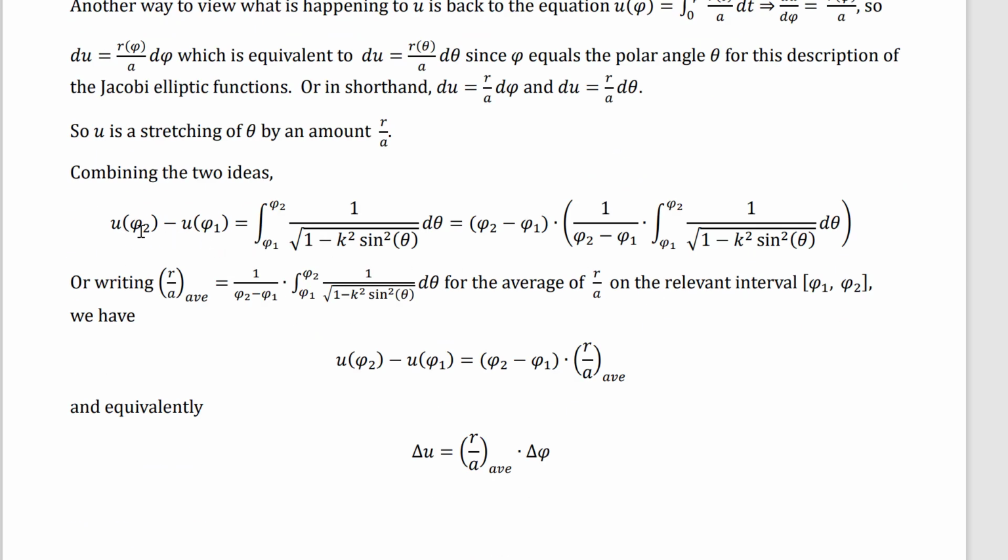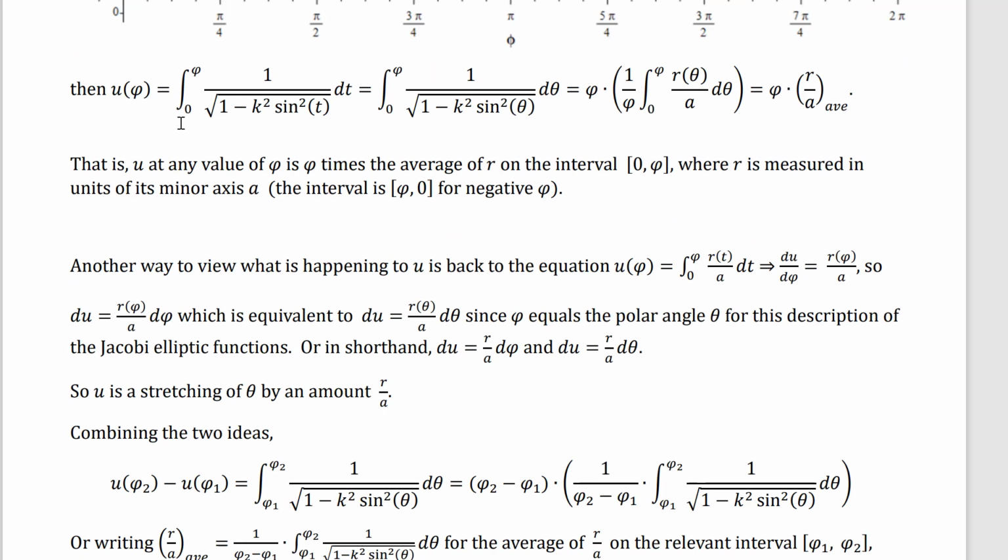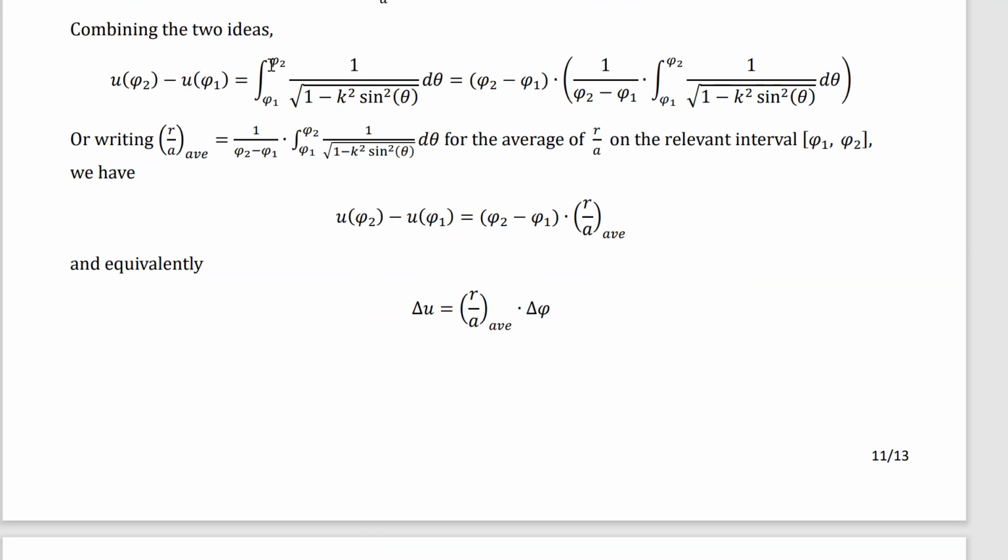If you take any two angles, u at phi 2 minus u at phi 1 is just the integral from 0 to phi 2 minus the integral from 0 to phi 1, which gives me this integral from phi 1 to phi 2. Again, I'll think of it as the change in phi times the average of r over a over that interval, because then these would just cancel again.